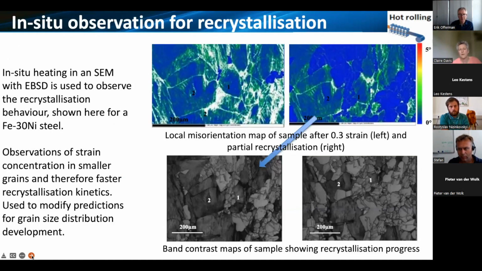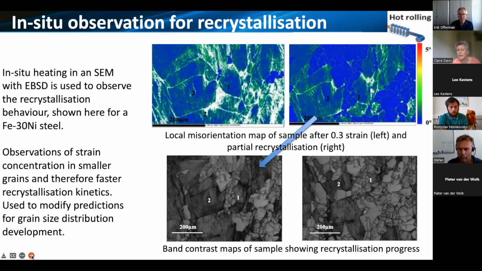A little bit for the in-situ observations. Here's an example, again, particularly important here for us was looking at how the grain size distribution develops during deformation. And so these are in-situ EBSD maps, being able to follow the process of recrystallization.